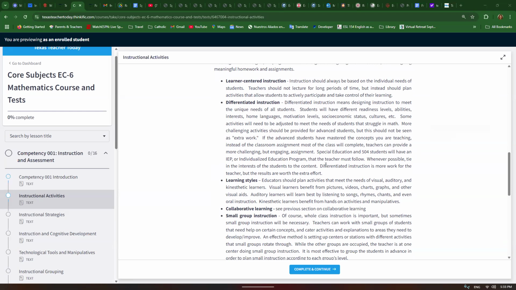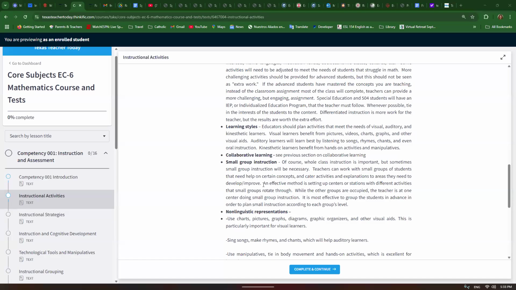And kinesthetic learners learn by doing. We already talked about collaborative learning. We also want to use lots of small group targeted instruction. What I mean by that is you break them into groups by the skills they need to work on. Some students might need help with adding 1-digit numbers, some are ready for 2 digits, and some might even be ready for multiplication. They're all different in what they can do.